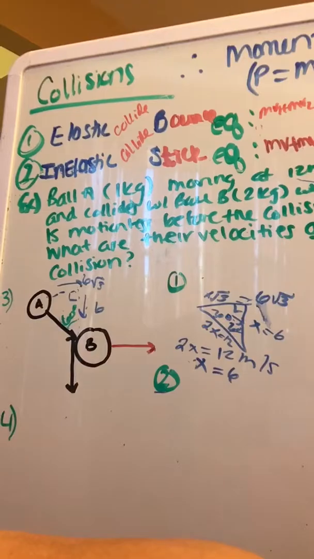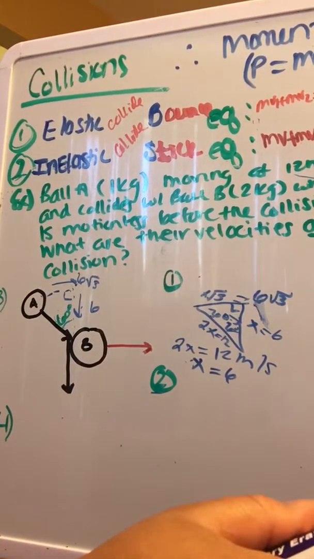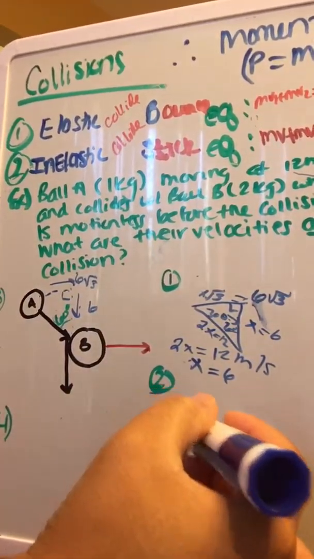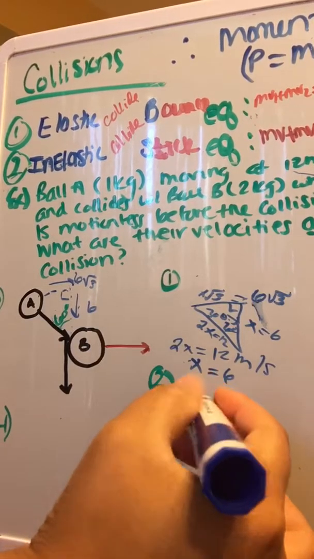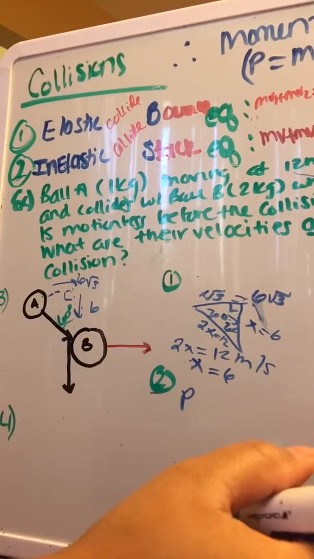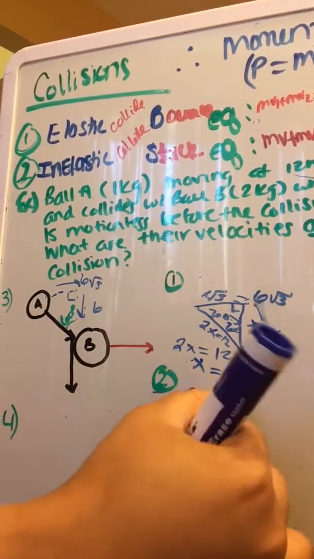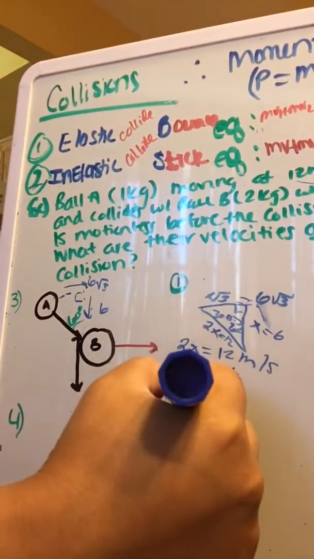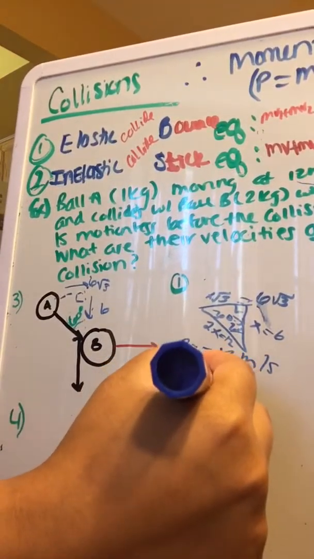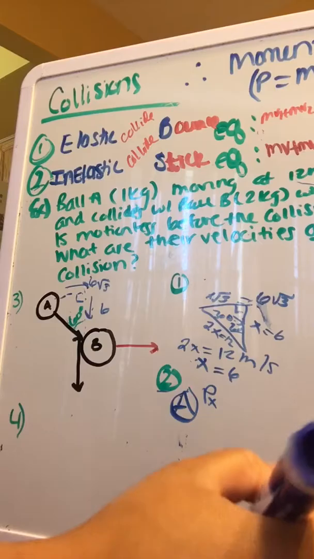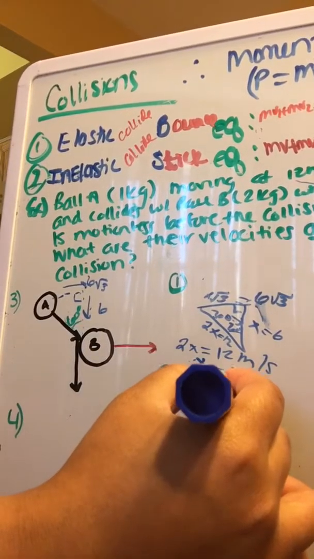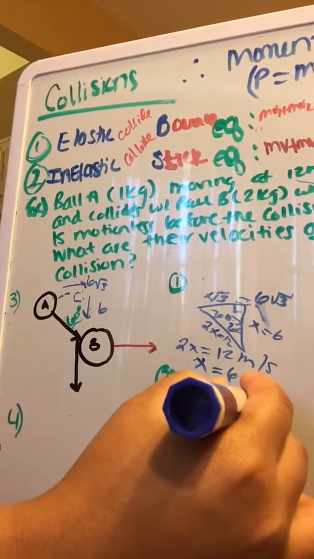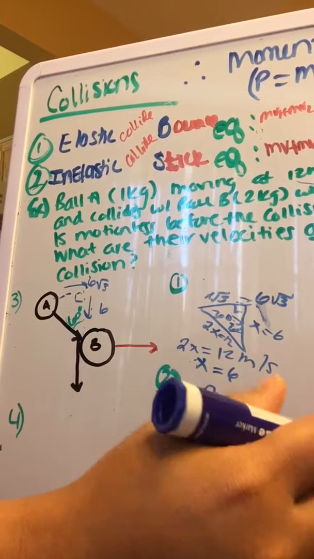So just as a reminder, momentum is mass times velocity. Since we separated into x and y, we'll start with ball A. Momentum in the x direction is px equals mv equals mass.